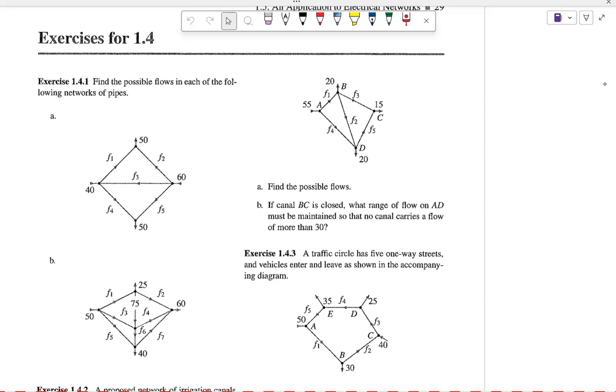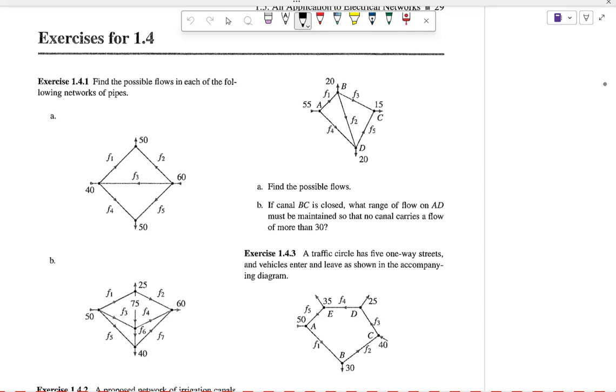So what we're going to do is look at each of these nodes as we go along and make up equations. And the idea here is that if you've got this system, ins and outs have to be the same at each of those nodes. Whatever's going in has to come out, right? So if we look at the first node, let's look at the top one.